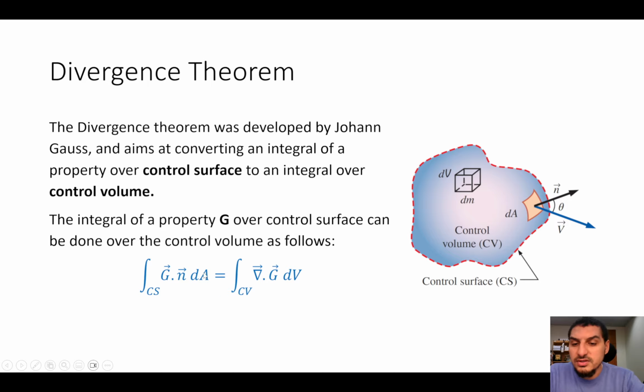So if we have a shape like this, we can convert it into a volume integral, as we will do later. This is why we use this theorem, just to unify the parameter we are integrating on, and this will be very helpful in simplifying the equations.